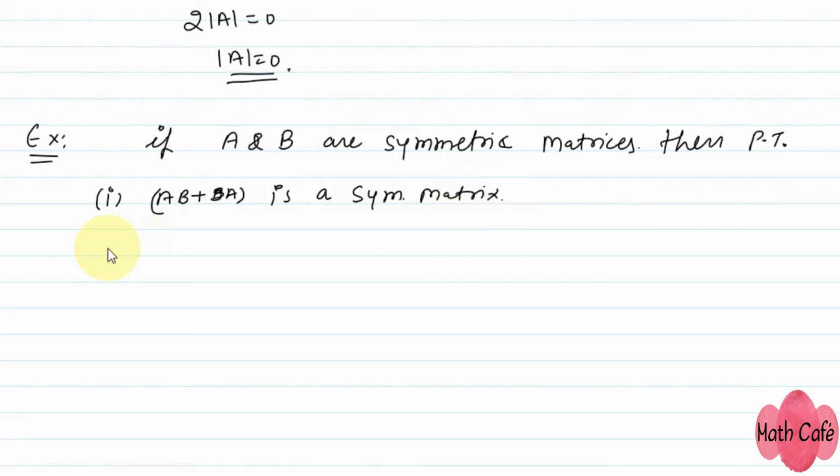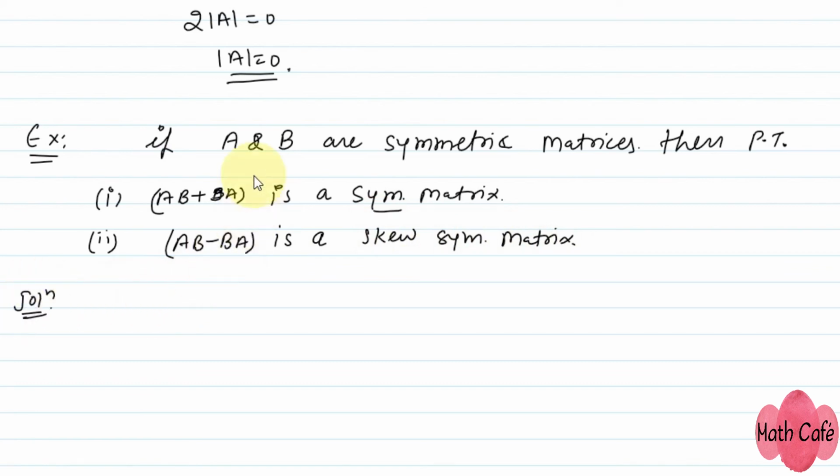In the second part, we need to prove that AB minus BA is a skew symmetric matrix. Alright, so let's proceed with the solutions.